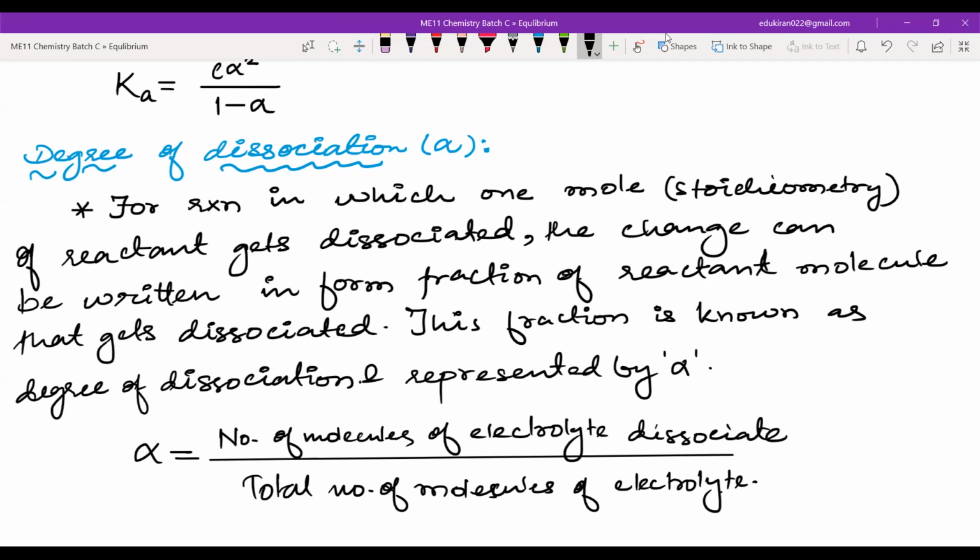Don't write moles, write molecules. Again, this is not a formula. This is a definition, the definition of alpha. So this is the degree of dissociation. Write this down. Let me know if you're done.